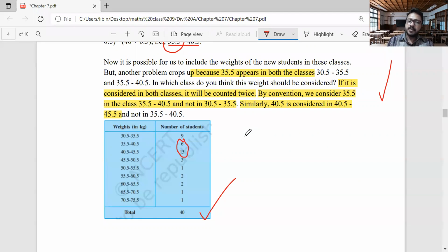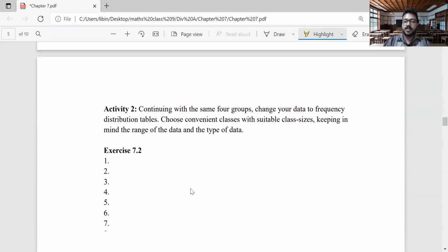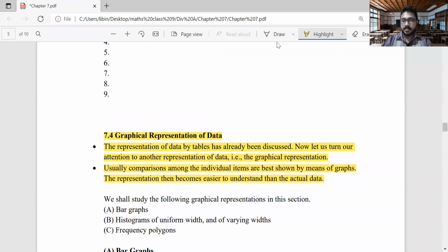Even by looking at the figure itself you can say, but a face-to-face comparison will be difficult, even if it is in a table. So in such a case, we can make use of graphical representation.